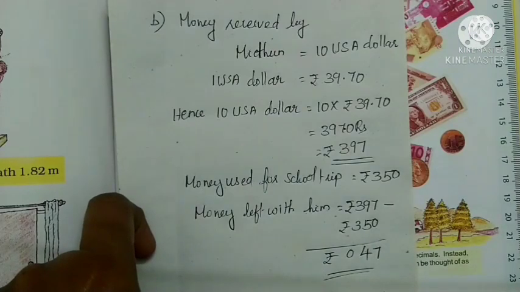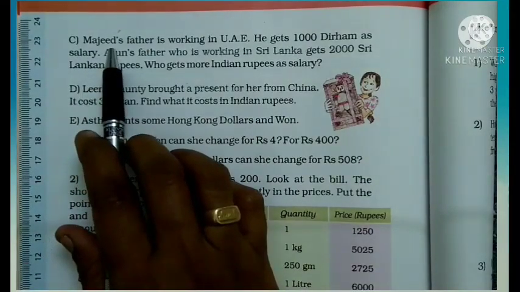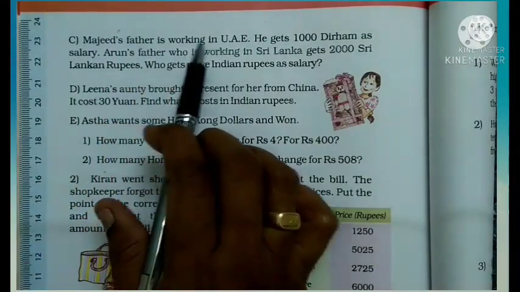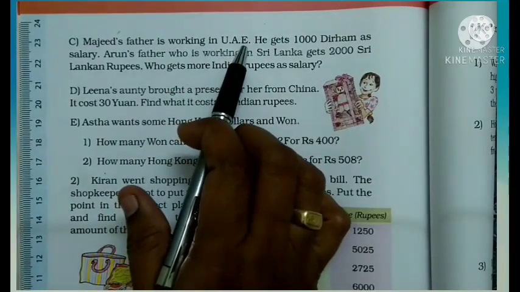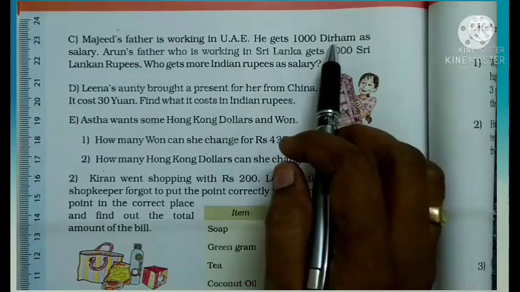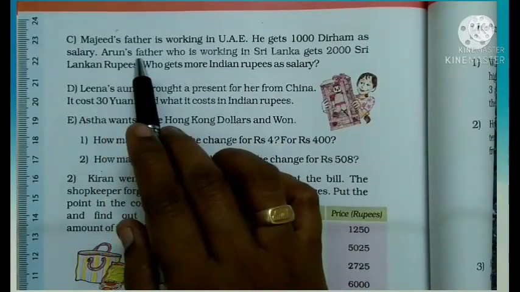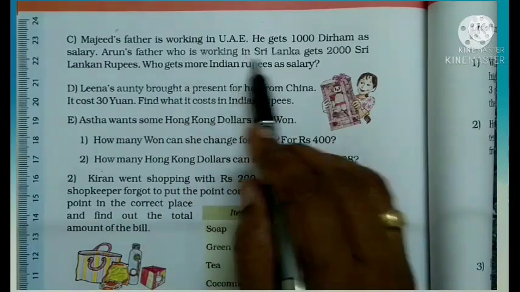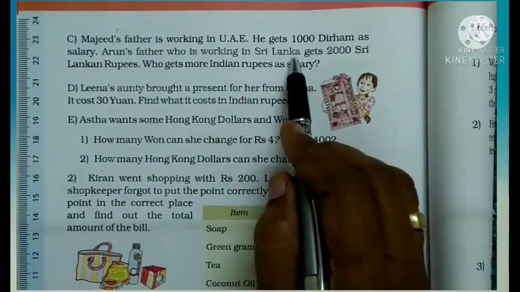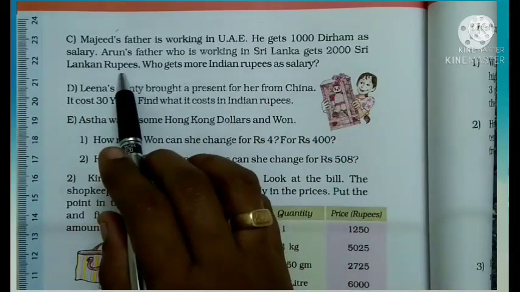Question number C. Then move to the C question. Majid's father is working in UAE. He gets 1,000 dirhams as salary. Arun's father, who is working in Sri Lanka, gets 2,000 Sri Lankan rupees.